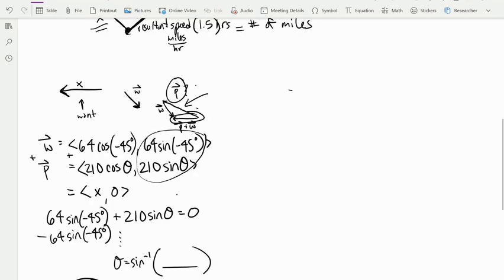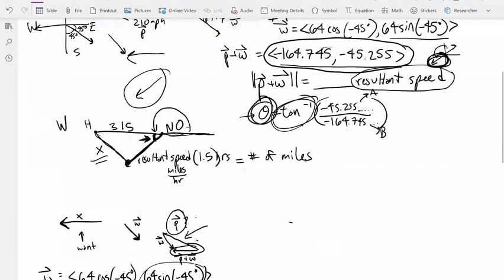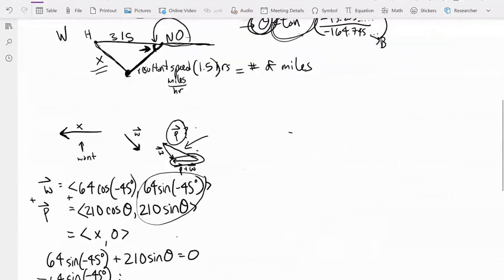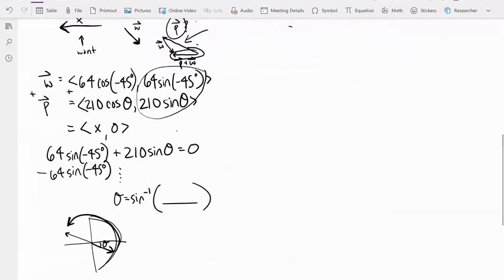And then the final part of this is how long will it take to reach the destination? So how long will it take to reach 315? So what I would do is find the magnitude. Once I find what theta is, then I can solve for x.